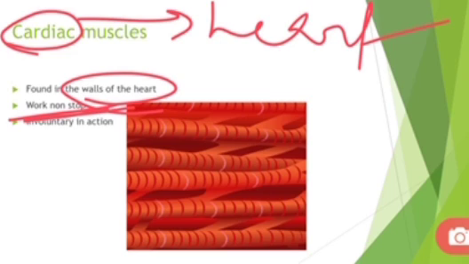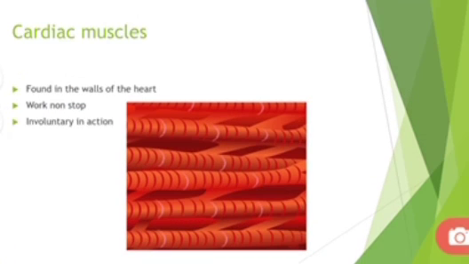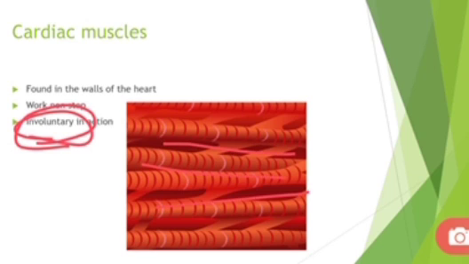They do not stop, so they are also involuntary in action. If we tell our heart to stop beating, will it stop beating? No. So they are involuntary in action. These are the muscles present in our heart.